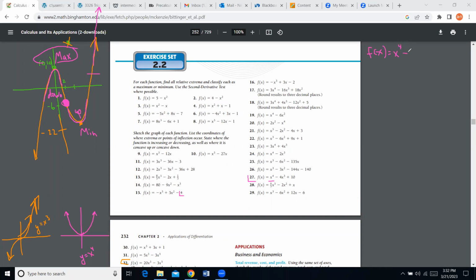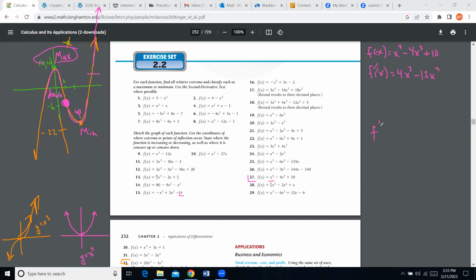So x to the fourth minus 4x cubed plus 10, I'm going to find the derivative of it, and then once again, find the second derivative. So 4x cubed, right? And then minus 4 times 3, 12x squared. That's my first derivative.